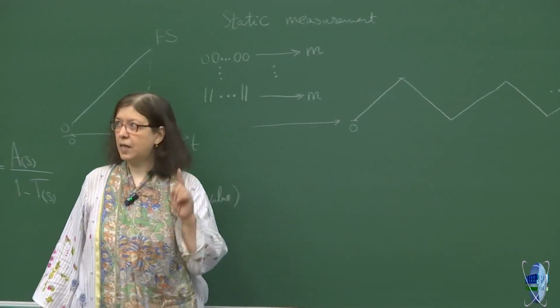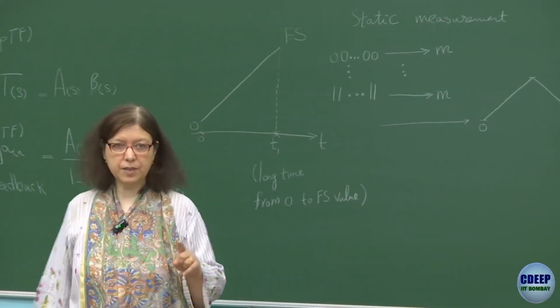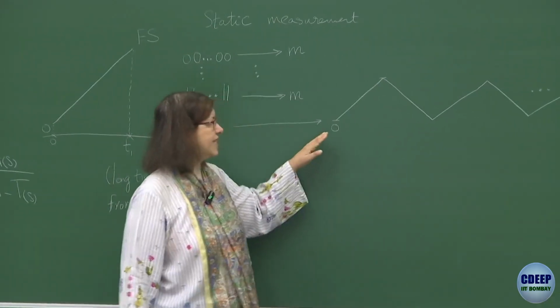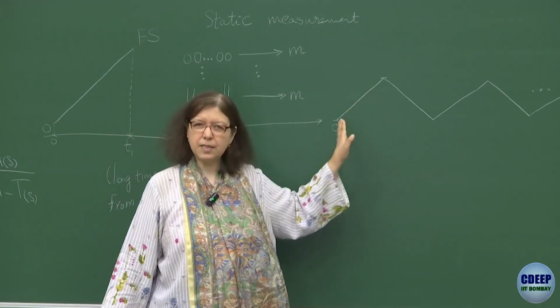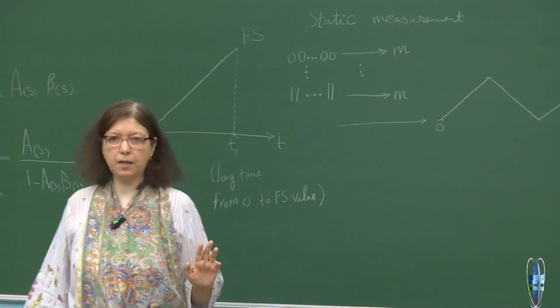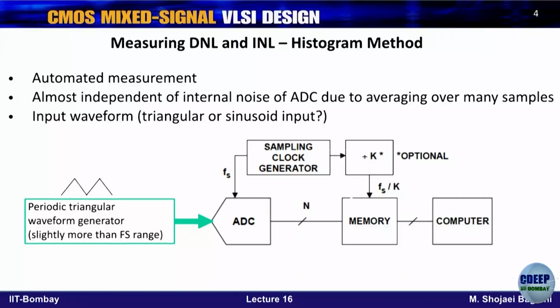Because when we start from 0 and we stop at V full scale, it has to again go back. If you are using a DAC, reasonably we can control it very well, and if you have a centralized clock, the way it is shown over here. If you use a waveform generator, which is an instrument, it may not be very straightforward.